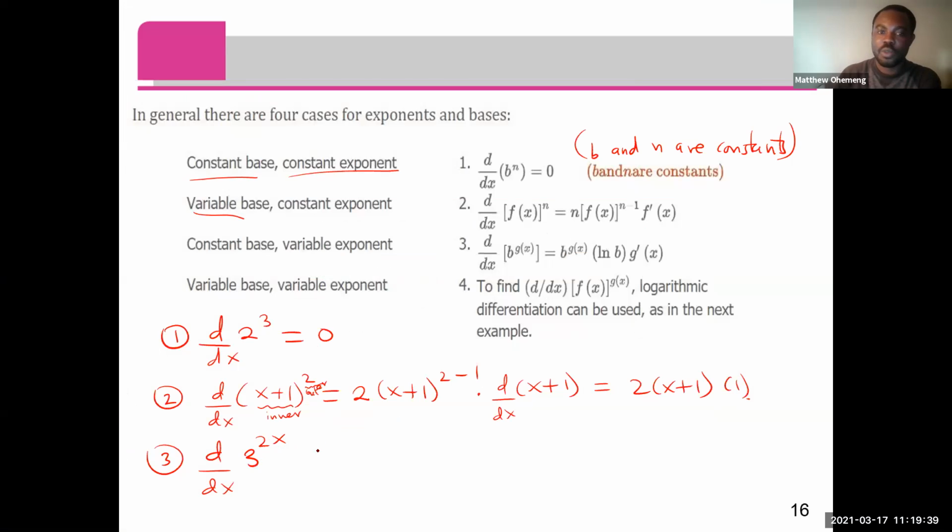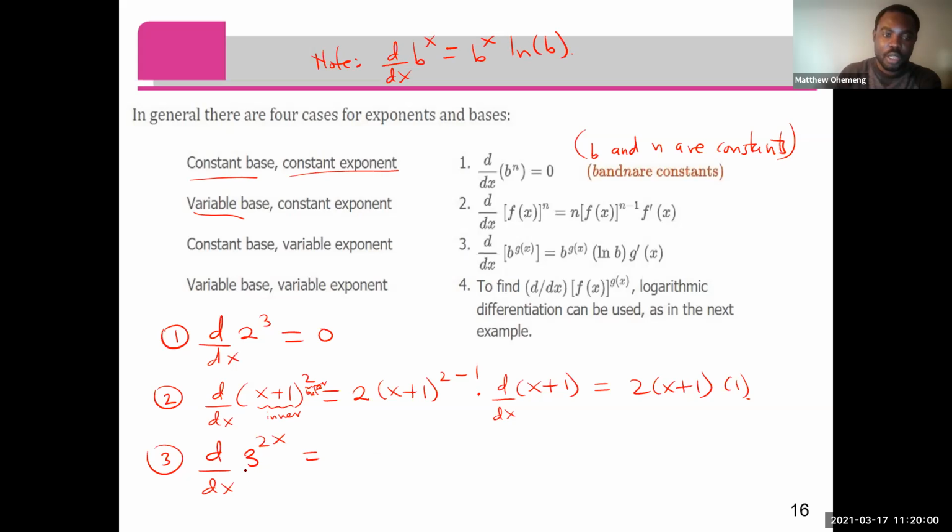For that one, the base is a constant, but the exponent is varying. Now, for that one, you have to use the exponential rule: the derivative of b to the x, where b is a constant, is b to the x ln of b.